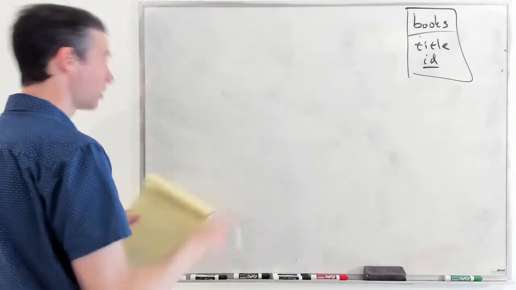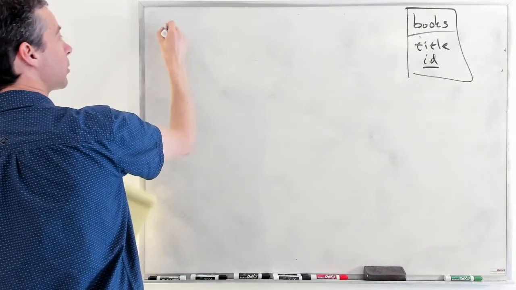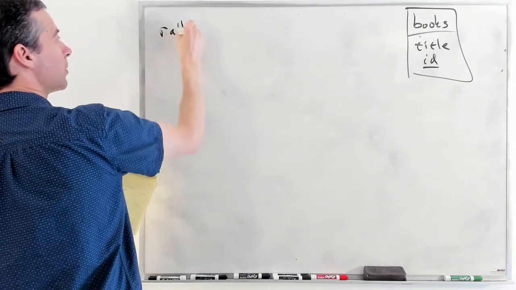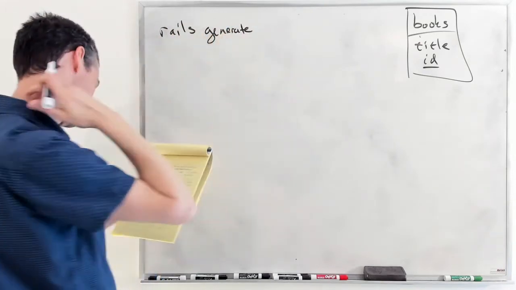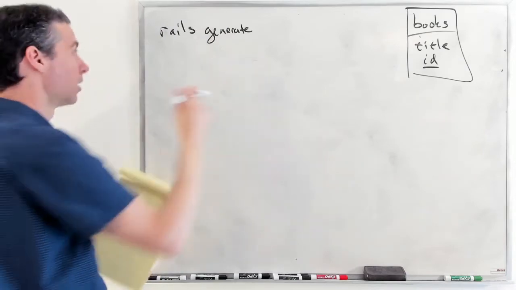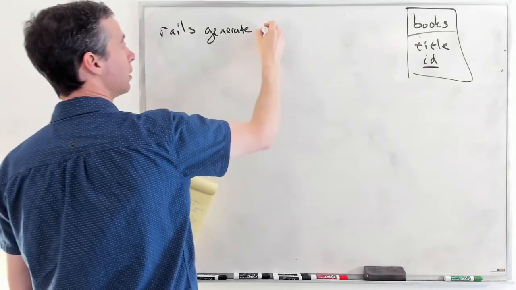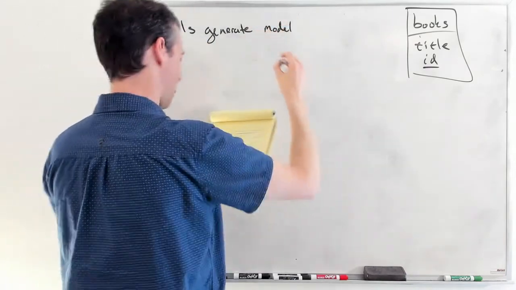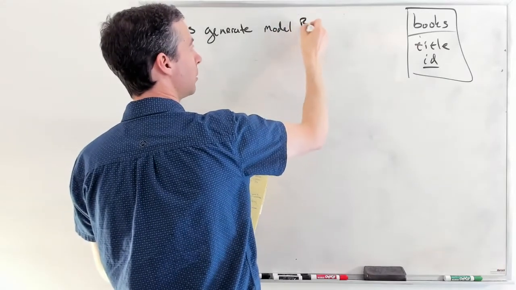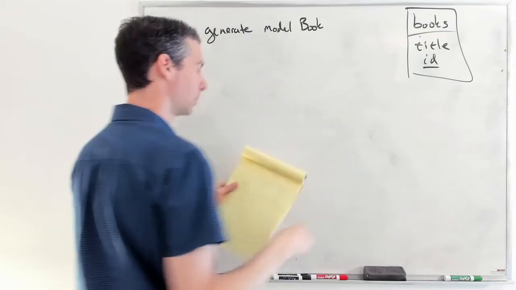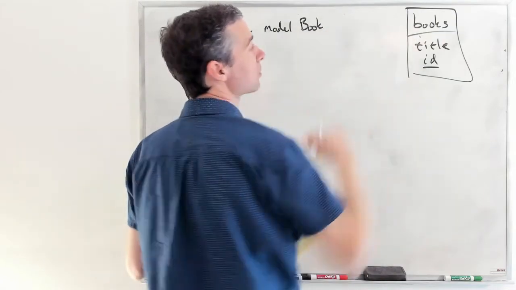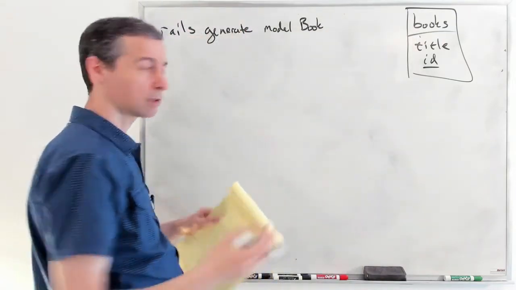All right. So from our command prompt, we would say rails, and a lot of this is going to be in the homework as well, but this just gives you a sense of how it goes. We're going to tell Rails to generate us a nice new model. Our model name is book. So we give the singular camel case form. And then we list our attributes that we would like it to create for us.